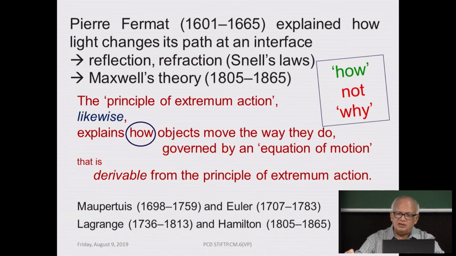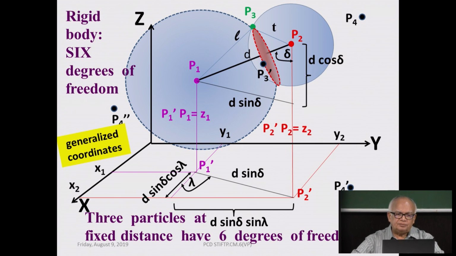So we are going to answer these questions as to how you describe the law. What is the governing principle which tells you how things happen the way they do, and not really why they happen the way they do. Sometimes we use this vocabulary loosely, but we have to keep in mind that this is the real question that we are trying to answer.